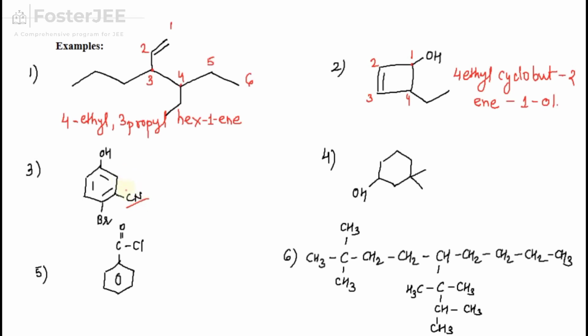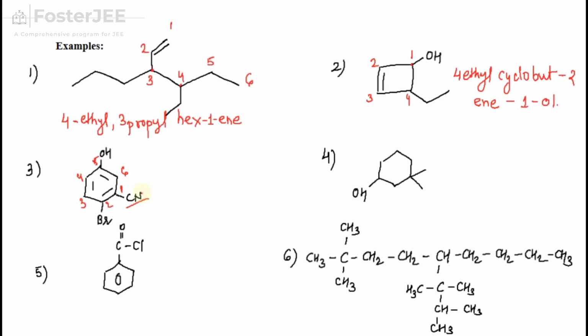So the numbering starts from cyanide. So 1, 2, 3, 4, 5, 6. It is not 1, 2, 3 because in this case the functional group will get the number 3 which is higher than 2.